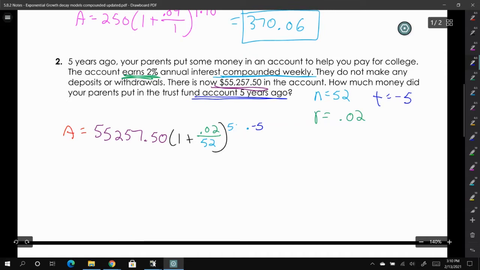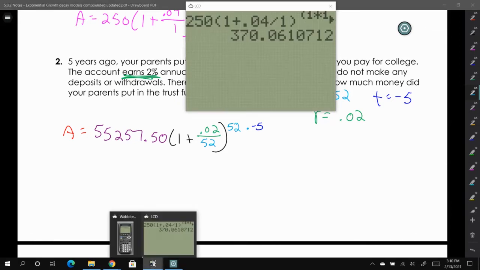So I'll type this in the calculator as well so you can see how this looks.